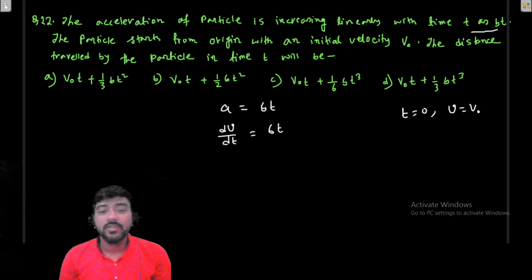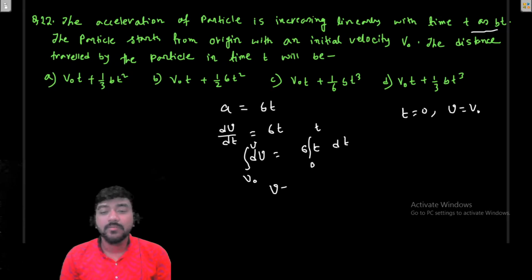Now to find out velocity, we have to integrate first. So dv is equal to bt into dt. And if you integrate, you will get velocity. And what is the condition? At t is equal to 0, velocity is v0. So after a certain time t, the velocity will be v, suppose.